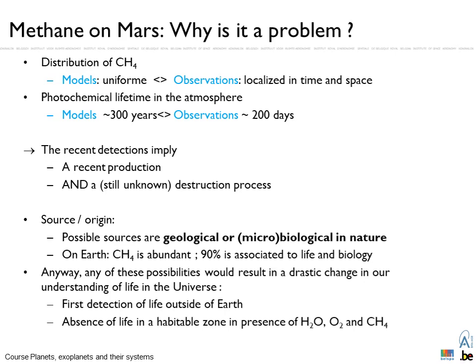This comes from the difference between the observations and the known behavior of the molecule. Models, that is what we know of the chemistry of the species and its interaction with radiation, indicate that if present, methane should be uniformly distributed and that its photochemical lifetime should be long, whereas observations are localized both in time and space and are compatible with a lifetime of hundreds of days, not years.